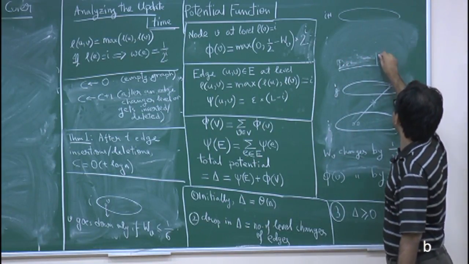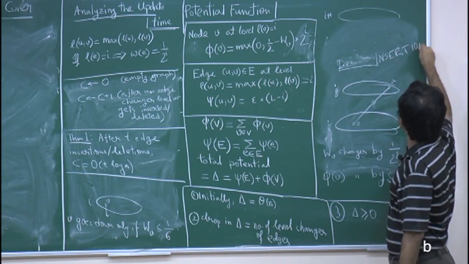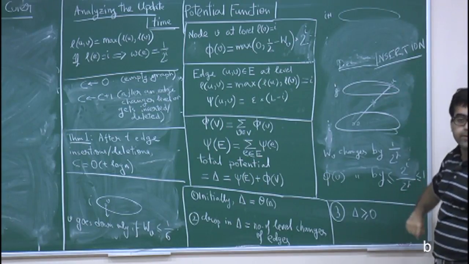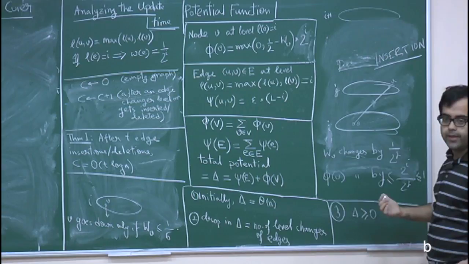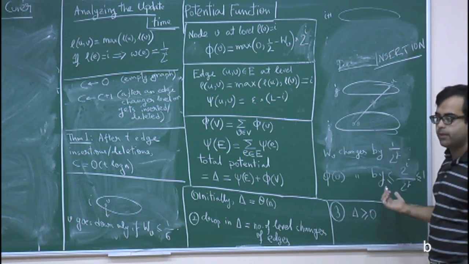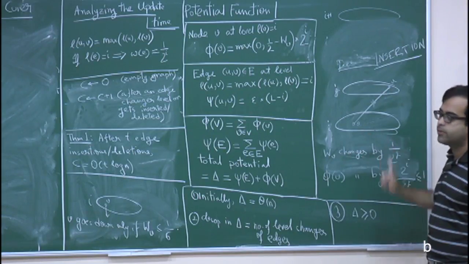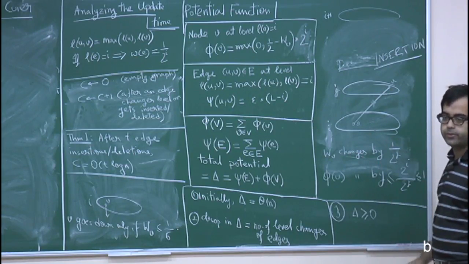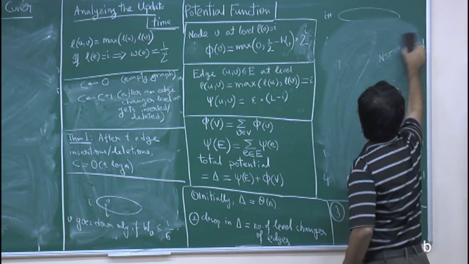So, a new edge potential is being created for this edge, and how much is being created? It is again at most epsilon log n, right. And similarly, you can show that the node potential will also change by at most 1.